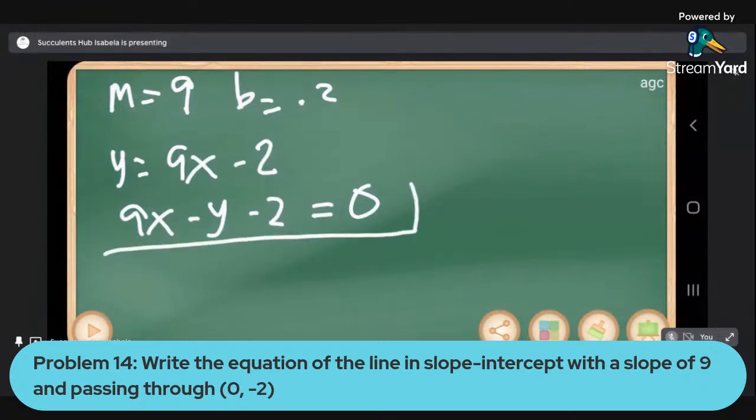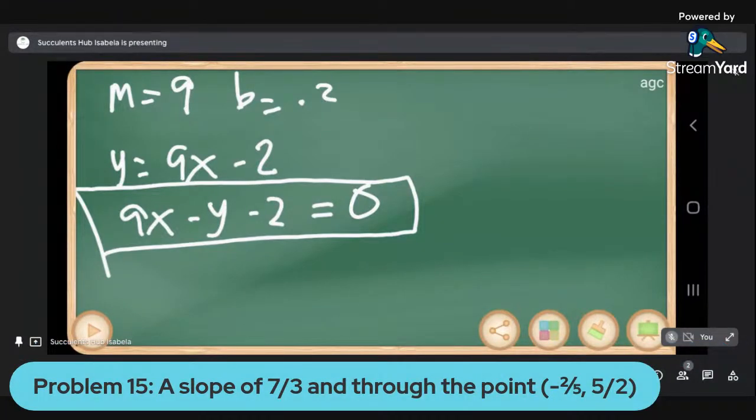So, yan lang. Okay? And then the last, eto. Pakidagdag lang ito. This is not a slope-intercept item, but this is a point-slope form. Okay? Pero pakidagdag nyo na lang doon sa gagawin ninyo. And kindly comment SSD15. Okay?